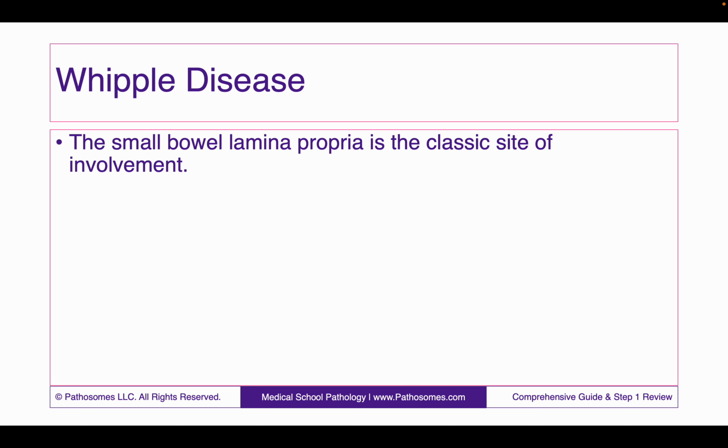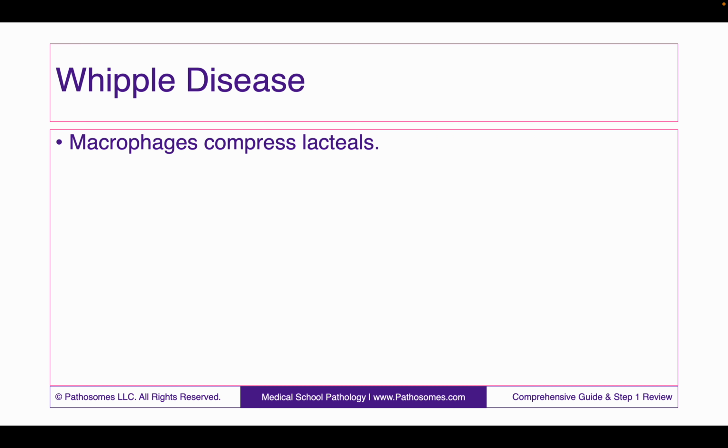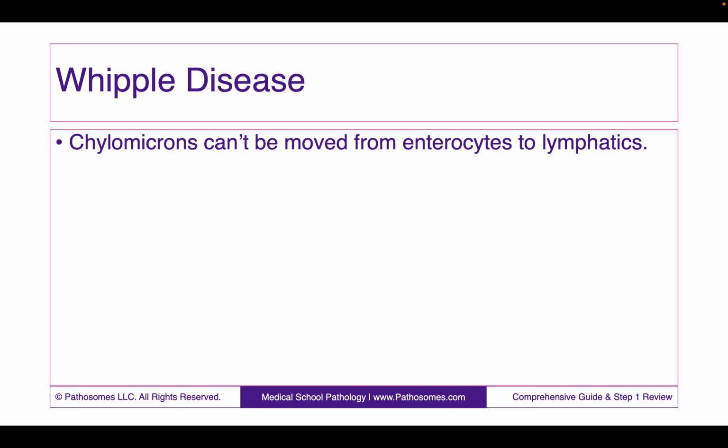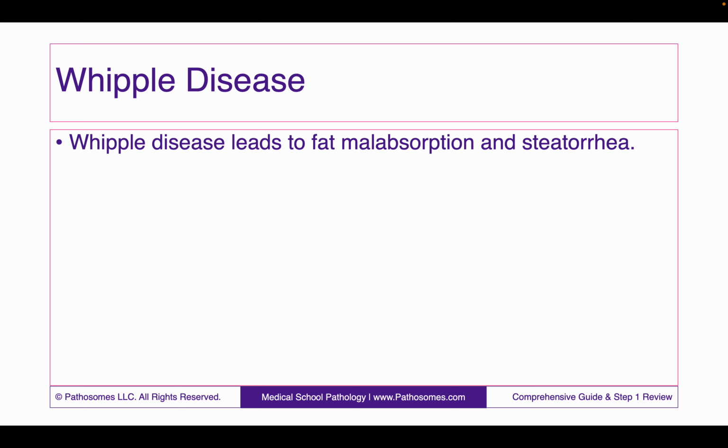The small bowel lamina propria is the classic site of involvement for Whipple's disease. And the macrophages actually compress the lacteals. Thus, the chylomicrons cannot be moved from the enterocytes to the lymphatics. So Whipple's disease is associated with fat malabsorption and steatorrhea.